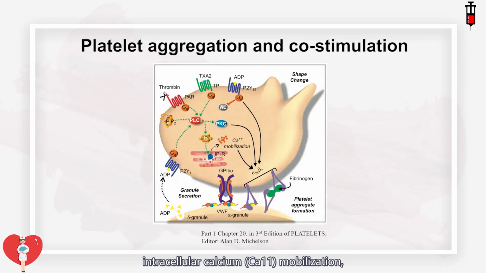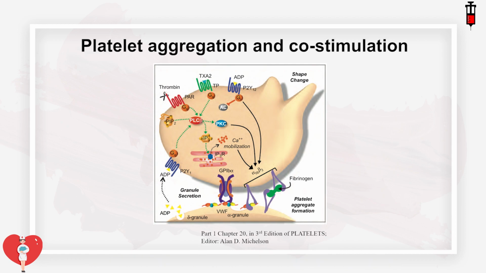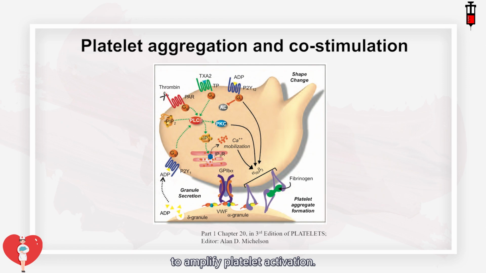With intracellular calcium mobilization, platelets undergo shape change and granule secretion that coincide with the formation of stable platelet aggregates, which are interactions between platelet and platelet. ADP, TXA2, and thrombin bind to their respective G protein coupled receptors to amplify platelet activation.